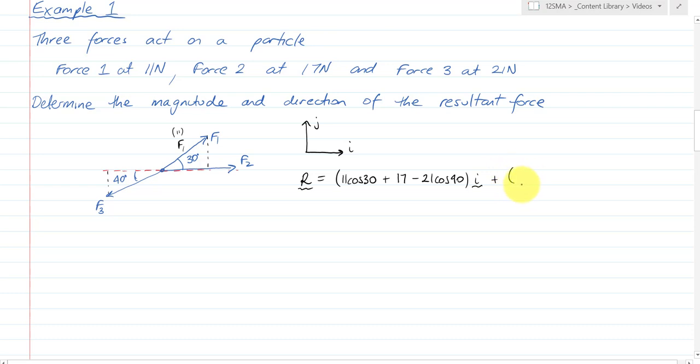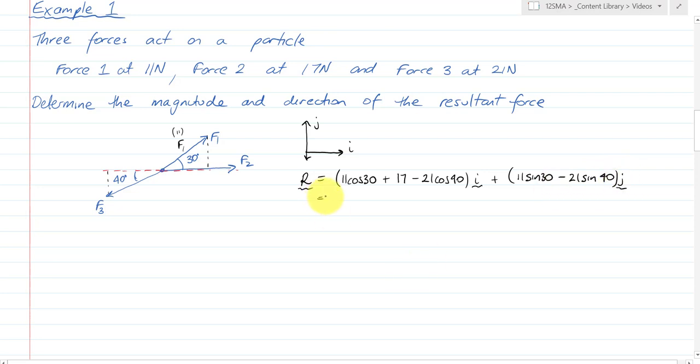And then I add to that my j component. My j component is F1, which is 11, sine 30, minus, because it's going down in that negative j direction, F3, which is 21 sine 40. That's my j component.